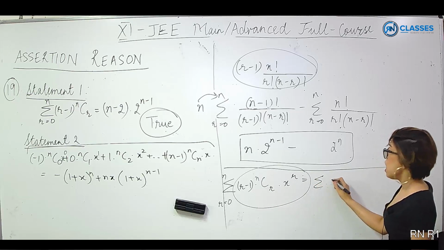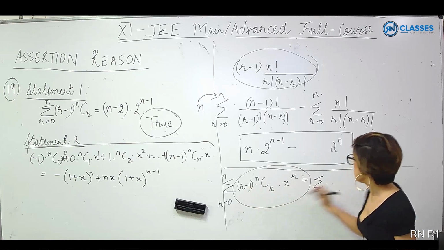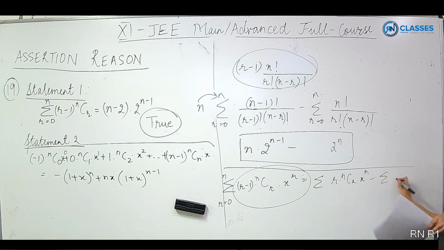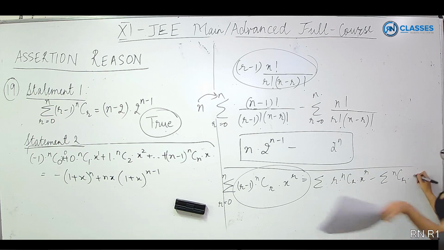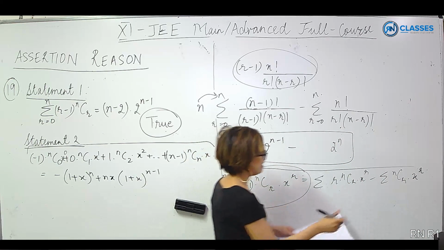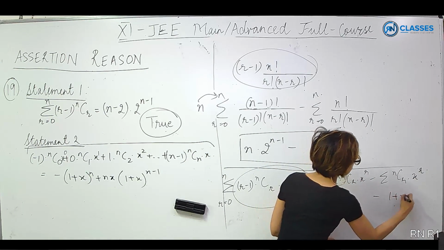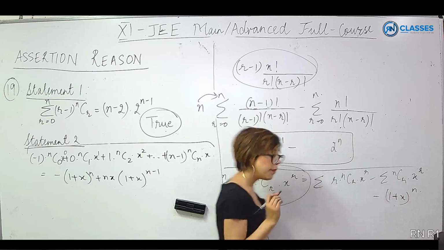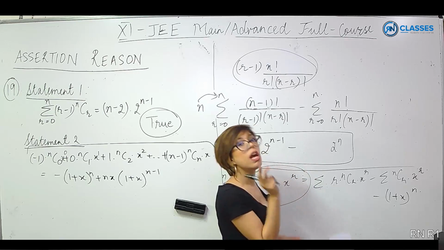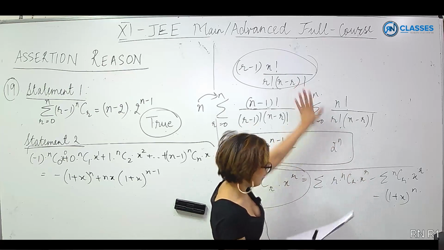So I will get r into NCR into x raised power r minus summation NCR into x raised power r. Right? So obviously this becomes (1 plus x) raised power n. And this I will cancel out that r, this will become r minus 1. Same thing that I did over here.